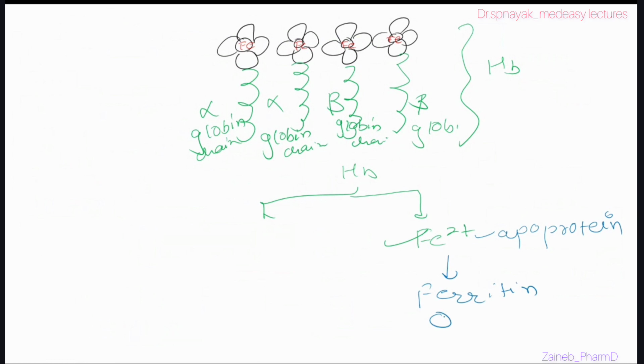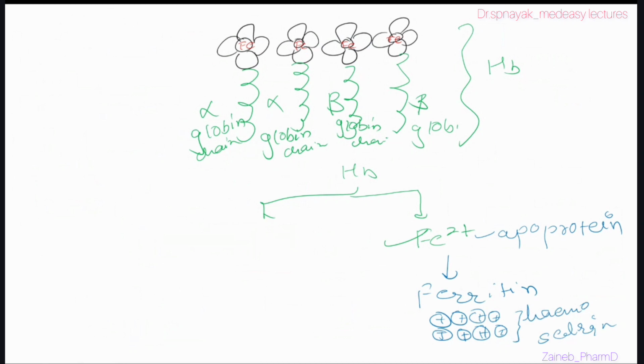When many ferritin come together, they will form hemosiderin. When many ferritin fuse together, they form a polymer of ferritin, which is known as hemosiderin.